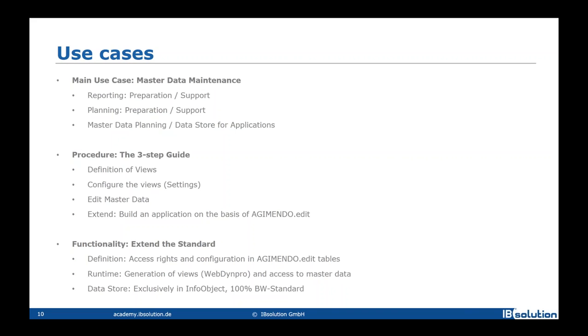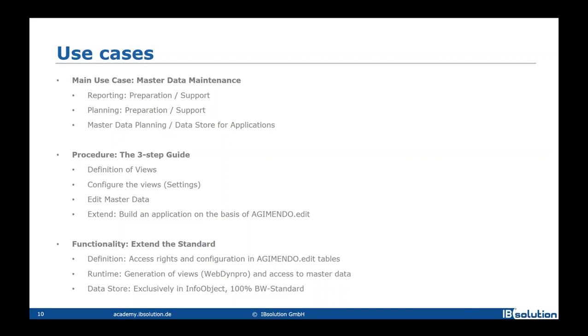So if you have some approval system, you can have a view for your requester of the same info object and a view for the approver. A view is, as I said, simply put, the master data table of an info object. But this view is, with AGIMENDO.edit, completely configurable.